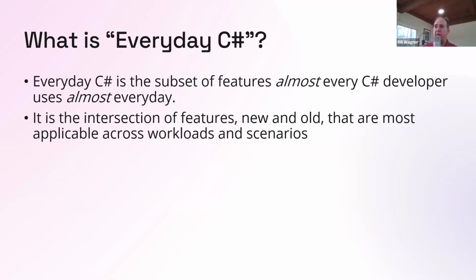So what do we mean by Everyday C sharp? The way I've tried to define this, and here's where I'm still talking to C sharp developers to get a better feel, is as the subset of features that almost every C sharp developer uses almost every day. That means it's not all new features. It's the intersection of new and old features.